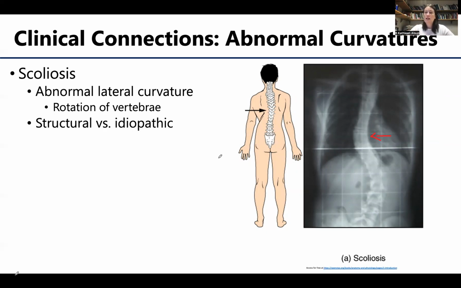There can be structural causes, as in there could be issues with the muscles or the ligaments in the vertebral column that cause this to occur. Or it can be idiopathic, meaning that we don't know the actual reasoning behind why the individual has scoliosis. This is one of the more common of the abnormal curvatures.